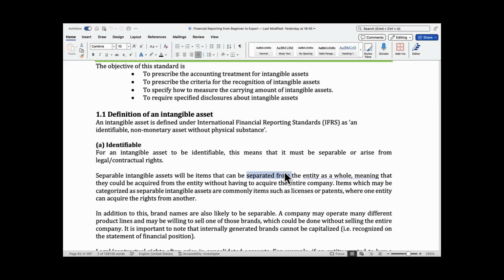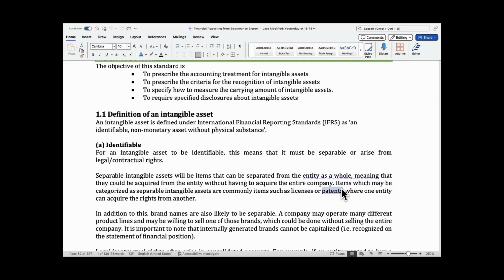It's something we can actually sell out. It's something they can acquire from us without acquiring the entire entity. And typical examples of intangible assets that are separable are licenses or patents.